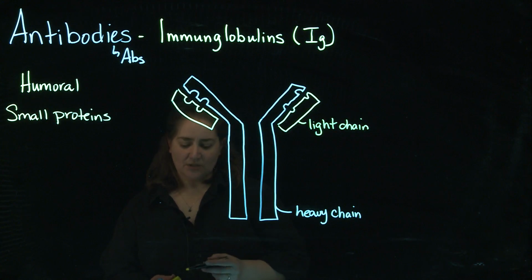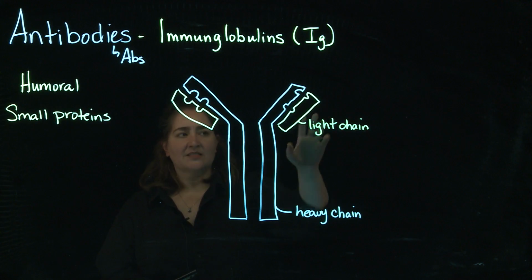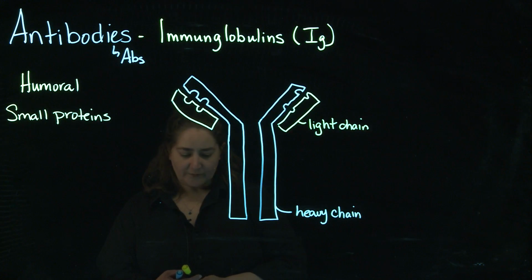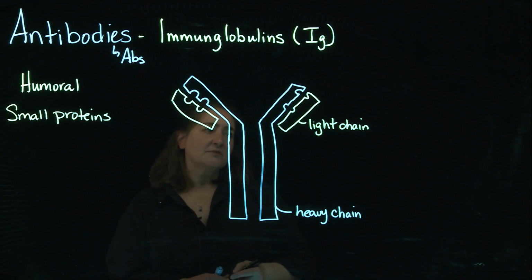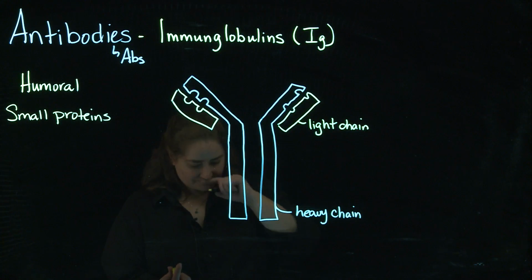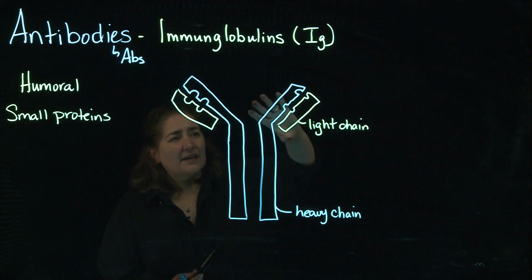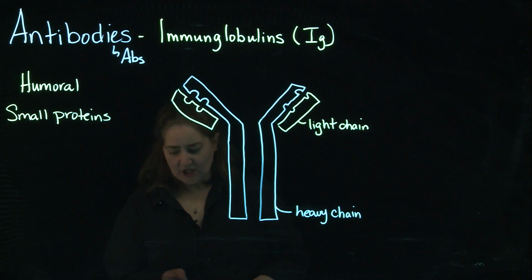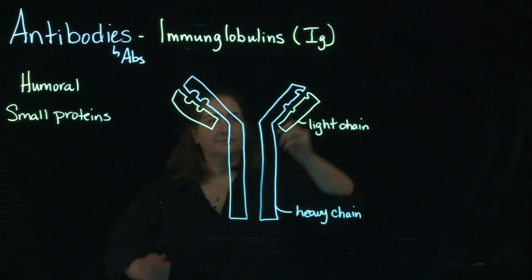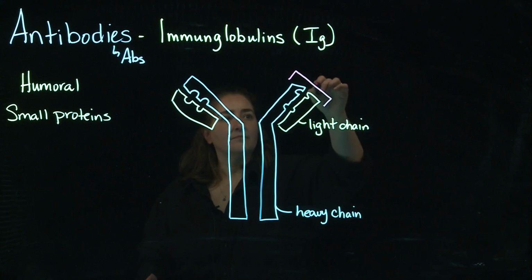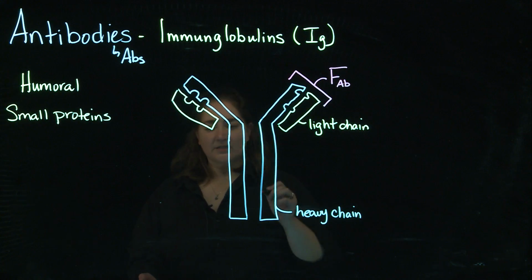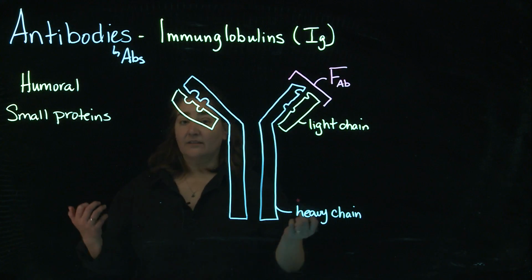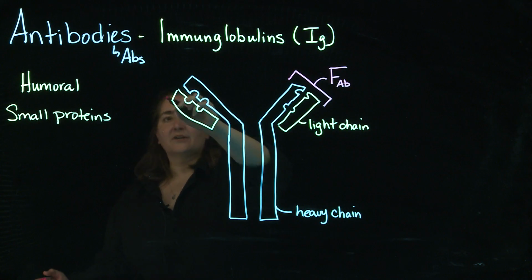Basically it comes down to size: the heavy chain is bigger, the light chain is smaller. The light chain creates a region with the heavy chain that is known as the FAB.